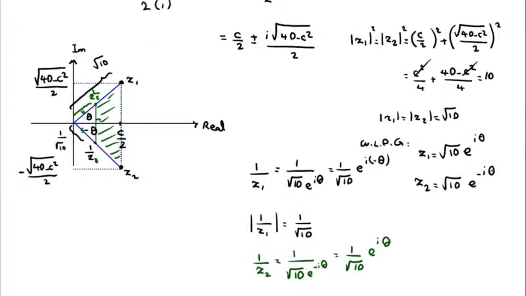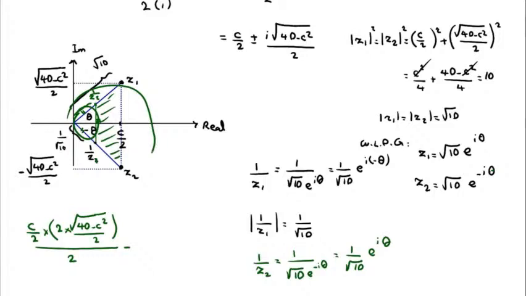So the whole triangle, the length of height is C over 2 times this part, which will be 2 times 40 minus C squared over 2, and all over 2, minus the area of this part. The area of this part, we can say this is similar to this one.